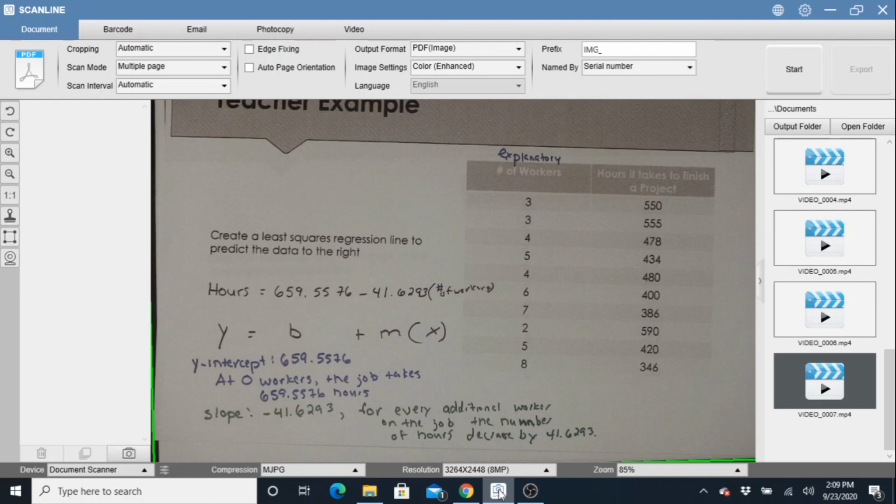And then for slope, we have 9,753.3784. So basically, for each additional year of education, your starting salary increases by 9,753.37.